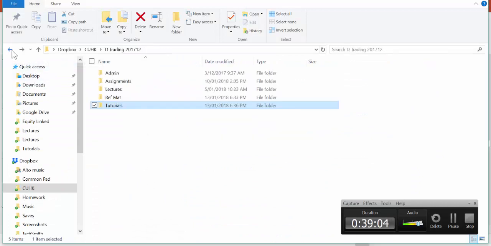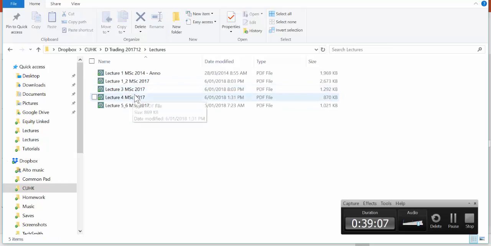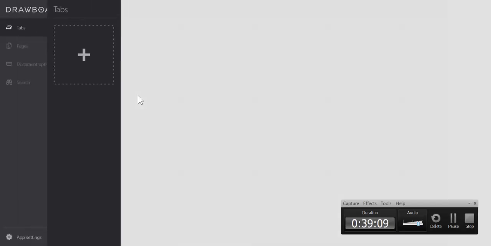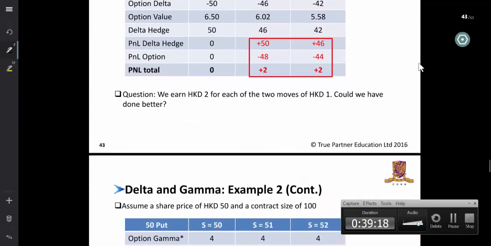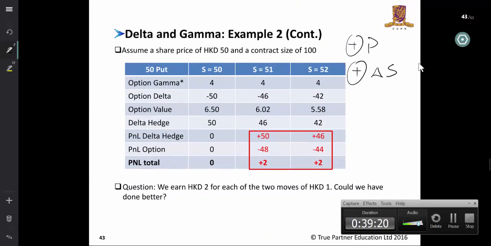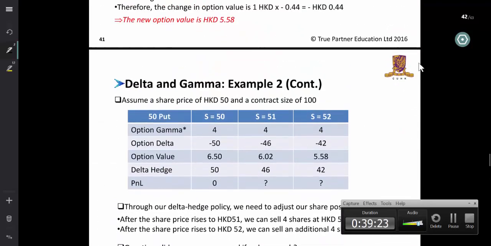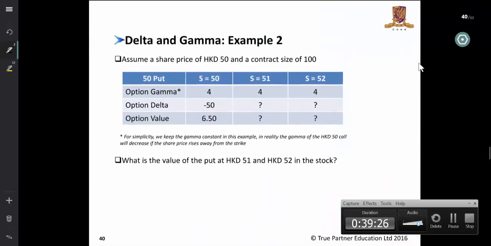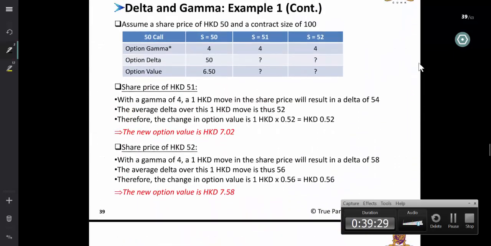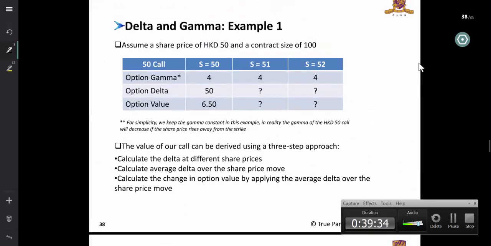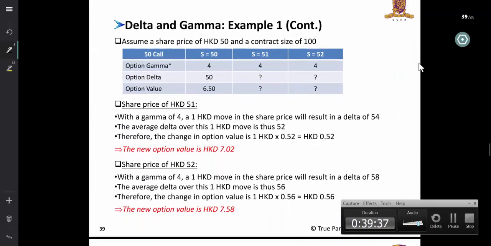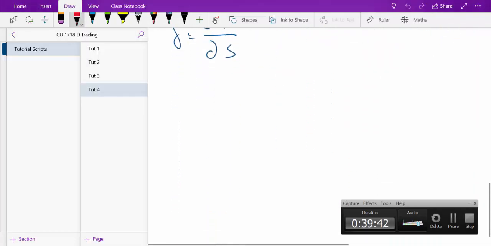So when you go to lecture 4, somebody asked me to explain what's going on here, but before we do that, there's this concept of average delta, okay, which starts somewhere around here. Now, this idea is quite intuitive.